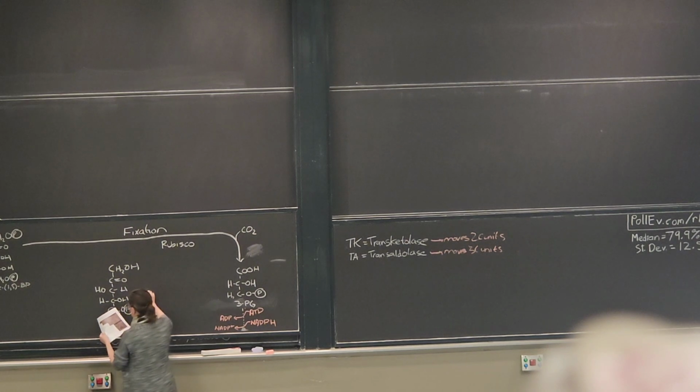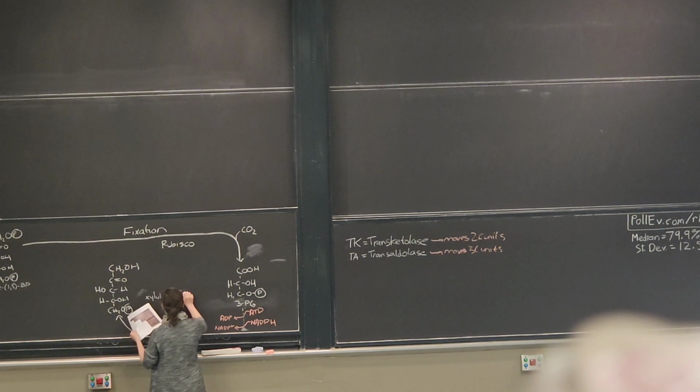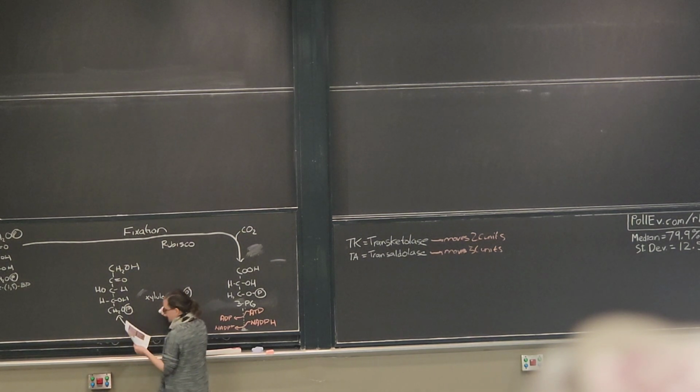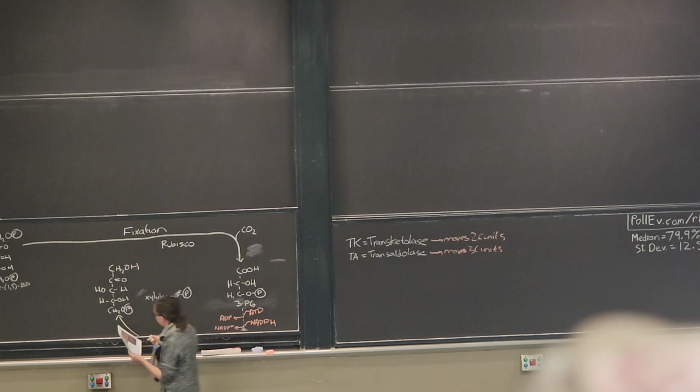Okay, so this sugar is called xylulose 5-phosphate. 1, 2, 3, 4, 5 carbons.